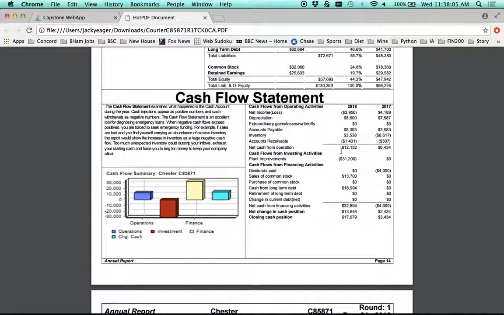And then you're going down here and saying, in terms of what happened from operations, I ran a loss on income, but part of that was depreciation expense, which is non-cash, so I'm adding that back.